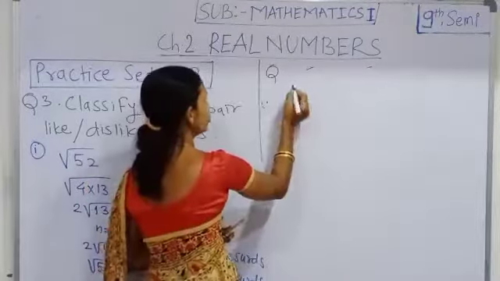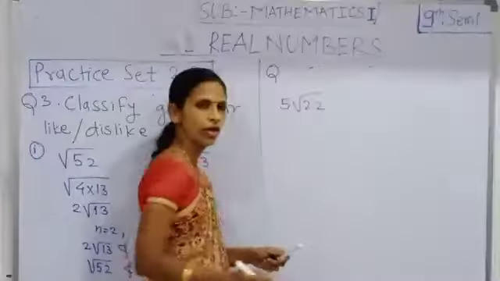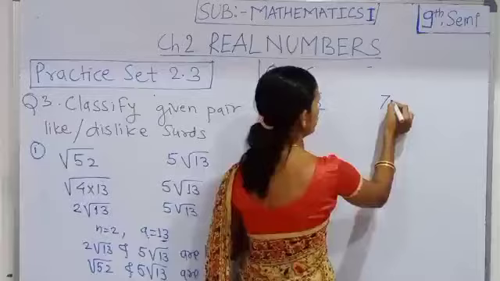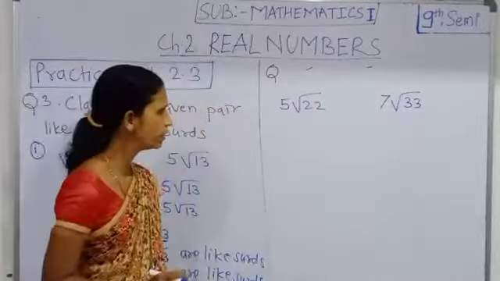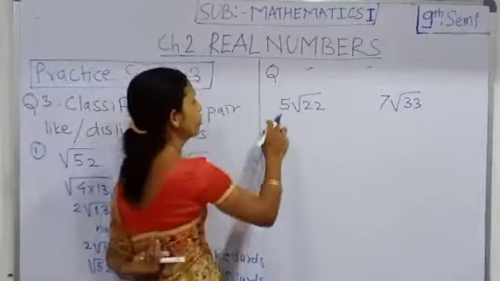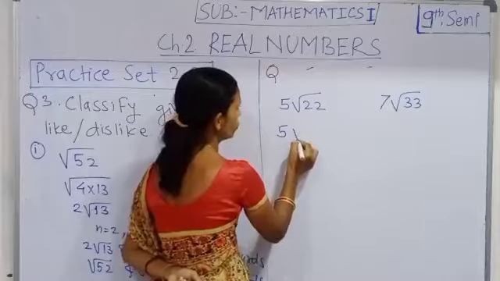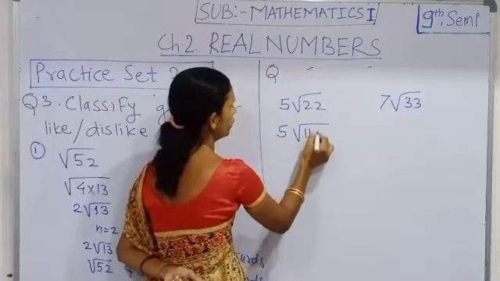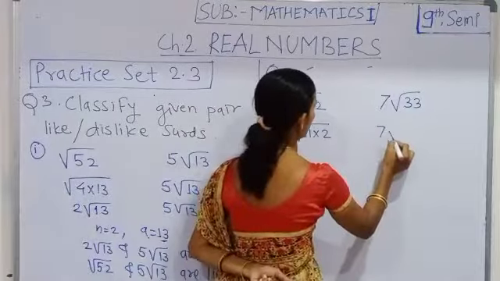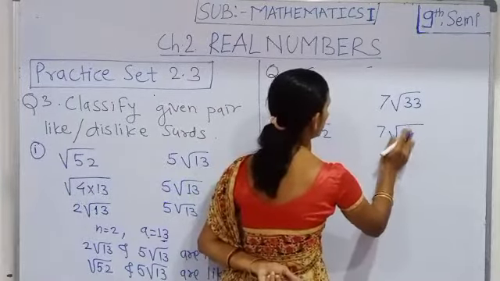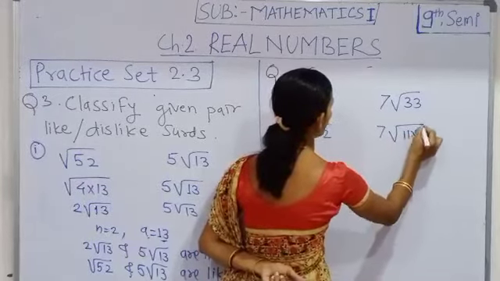One more example given here is 5 root 22 and 7 root 33. Here 5 root 22, the factorization of 22 is 11 into 2, as well as 7 root 33, which is factorized into 11 into 3.